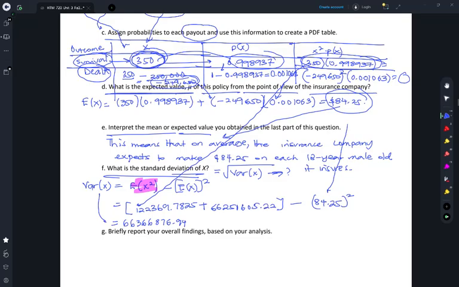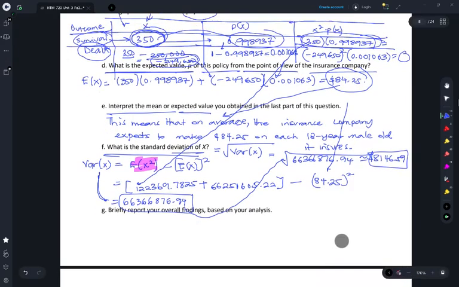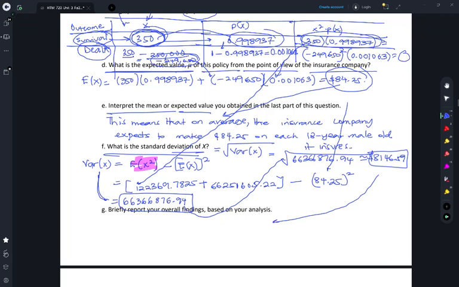Yes, and this would be the variance. I'll pull the variance back in here, and we can find the standard deviation. The standard deviation will be the square root of that, which gives approximately $8,146.59. So this is the standard deviation.